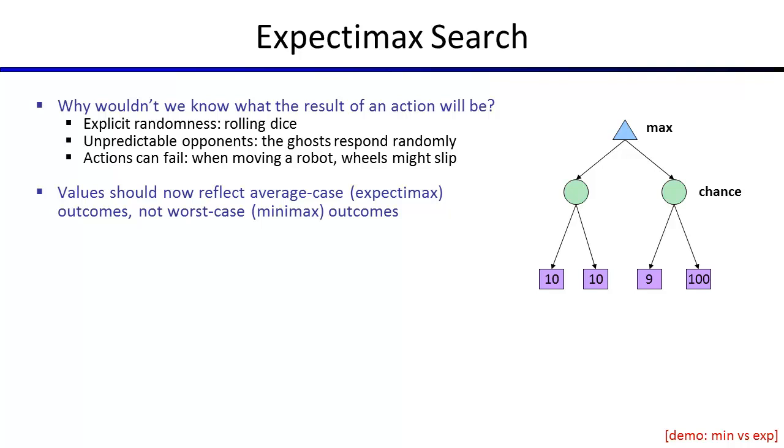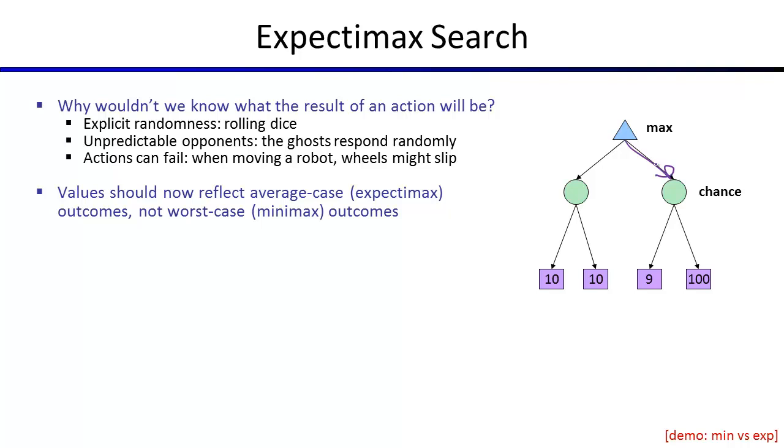So in this case where there are multiple possible things that can happen, we need to figure out what the value of a node is. Before, we just said the value of this node is the score that you're going to get under optimal play, which means if it was a minimax value, it's the score you get when confronted with a minimizing opponent. But now you don't actually know the score. So for example, if I take this right branch, what score am I going to get? What should the value be if I head down this node?